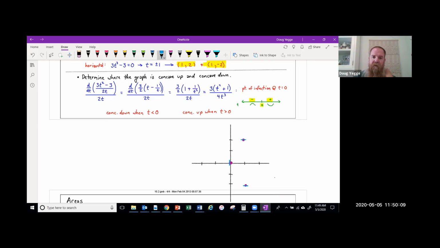And we also see something else, because this occurred right here when t was equal to 0. This occurred over here when t was equal to 1. And this occurred down here when t was equal to negative 1.